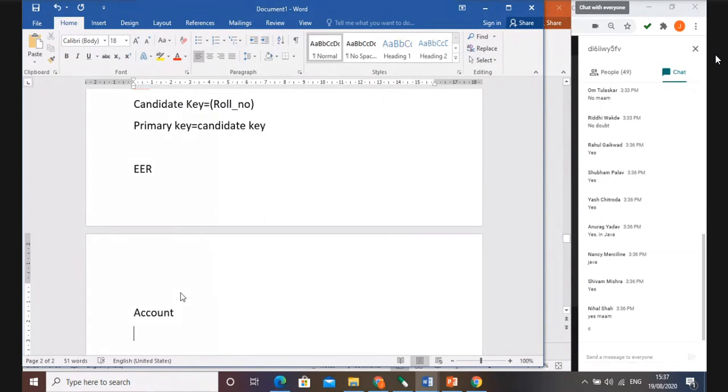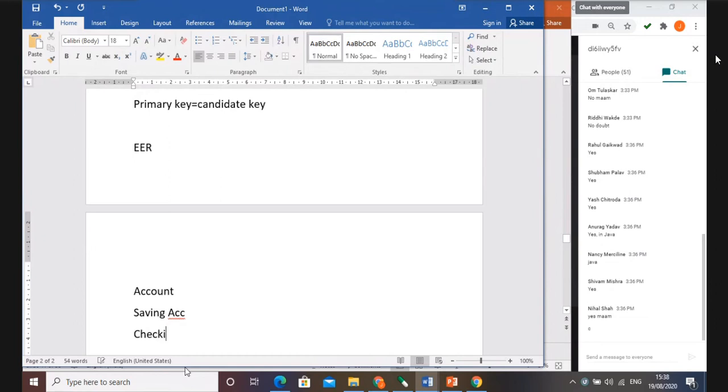But later on, I come to know the specific type of that particular entity set, which comes under generalization or specialization. Here, in a bank, an account can be a saving account or a checking account. These two types of accounts are there in a bank.